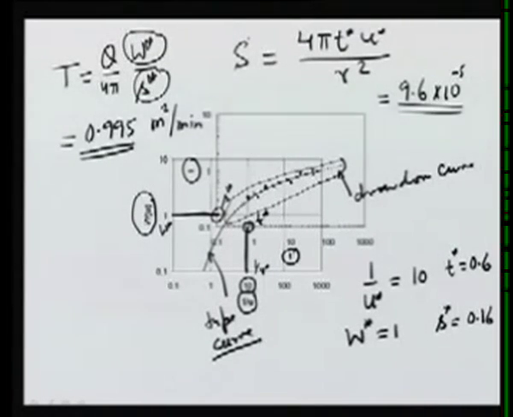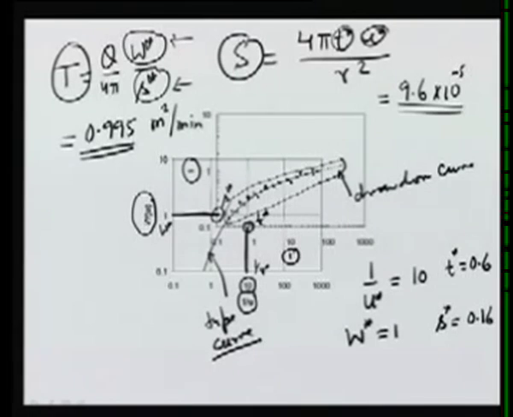So we have to adjudge what is the best fit. Once we get the best fit, W star, S star, u star, and T star can be obtained, and they will give us the value of the transmissivity and the storage coefficient using this method.